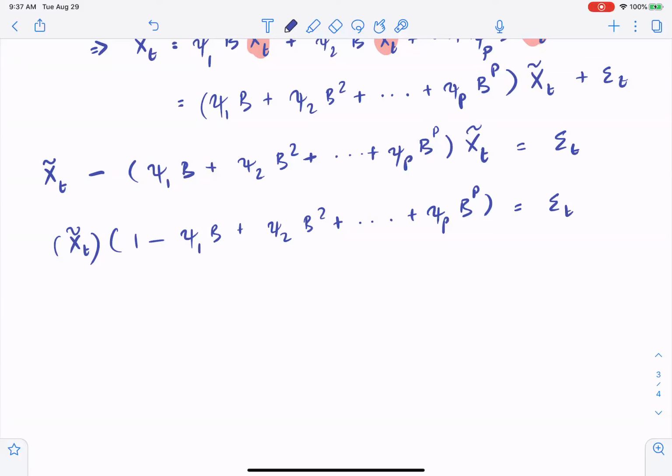Now, I want you to look at that expression and tell me what that reminds you of from algebra. Speaking of which, they should be negative.